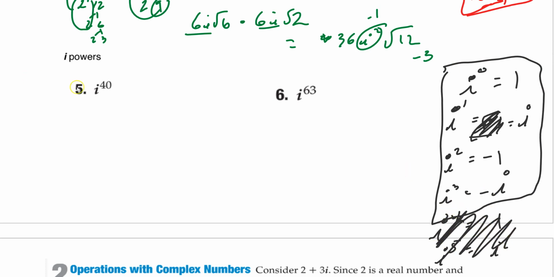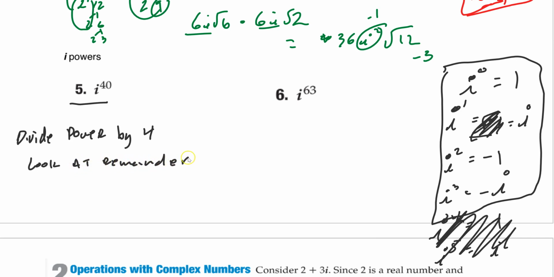So what we're going to do is this. If I get something crazy like i to the 40th, it can only be one of these 4 options. So what you do is you divide the power by 4. There's only 4 options. And look at the remainder. Let's do a few of these.